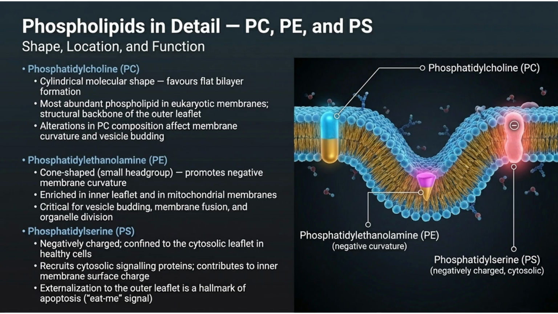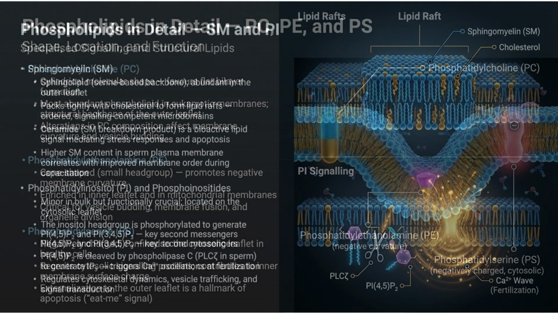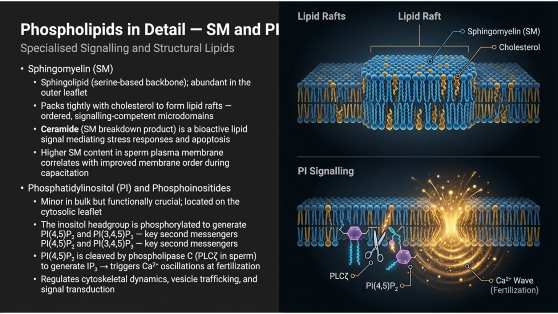Moving forward, let us examine the remaining 2 phospholipid species, sphingomyelin and phosphatidylinositol. Sphingomyelin occupies the outer leaflet of the plasma membrane in particularly high concentrations, and its association with cholesterol is one of the most important relationships in membrane biology. Together, sphingomyelin and cholesterol pack into highly ordered structures called lipid rafts, small, tightly organized microdomains within the otherwise fluid membrane.